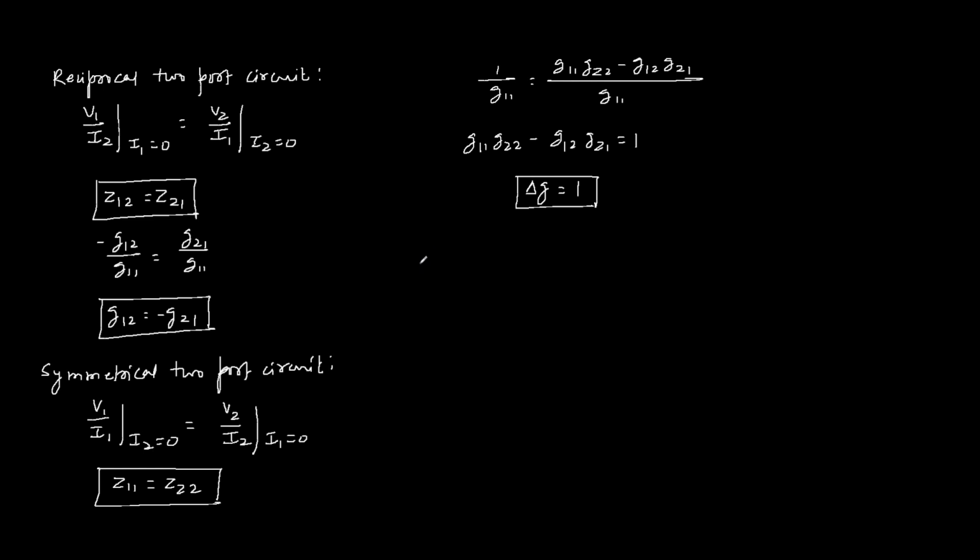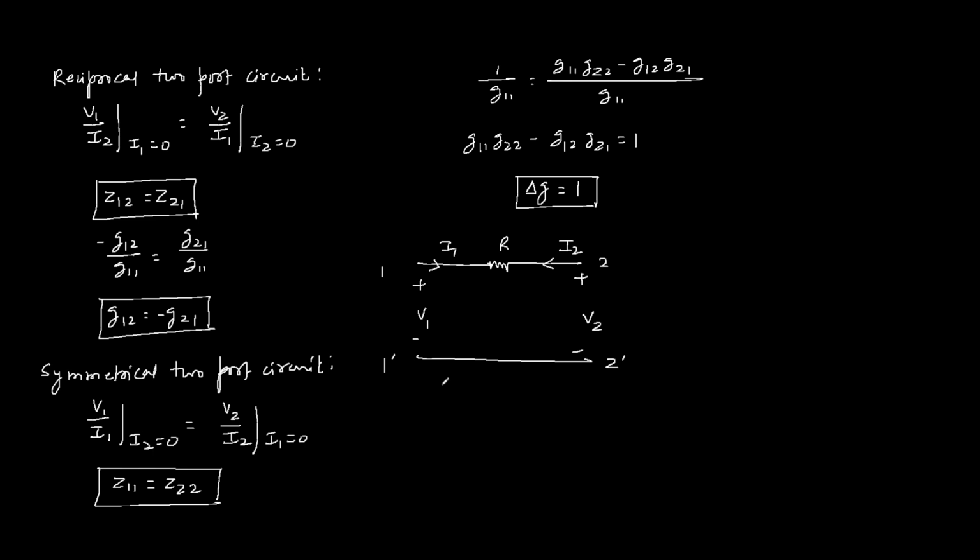Now let's find out the G parameters for this two-port network in which a resistance R is connected between terminals 1 and 2. Voltage of port 1 is V1, current is I1. Voltage at port 2 is V2, current is I2.